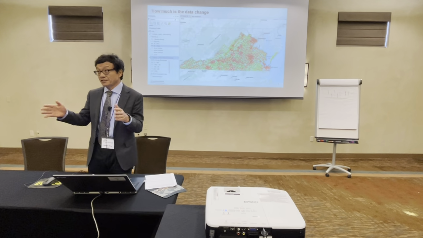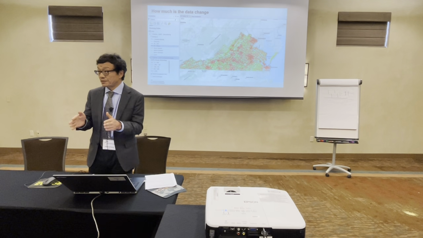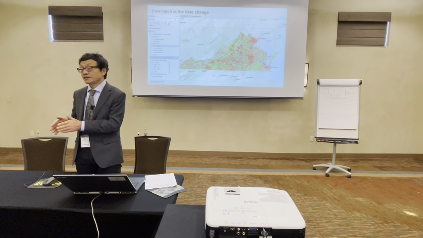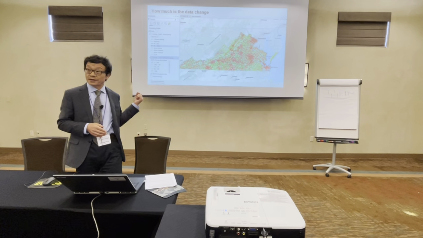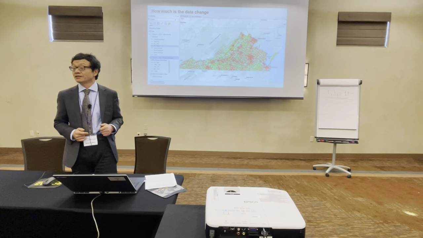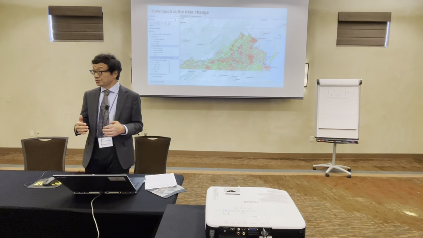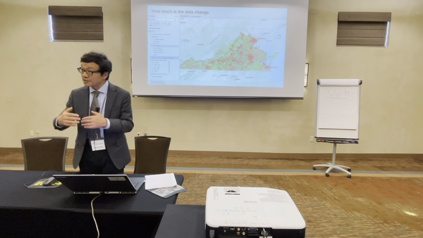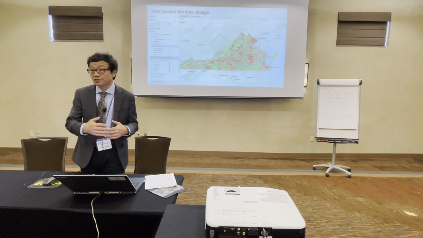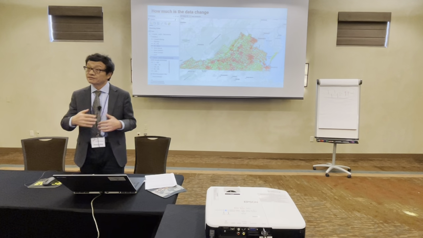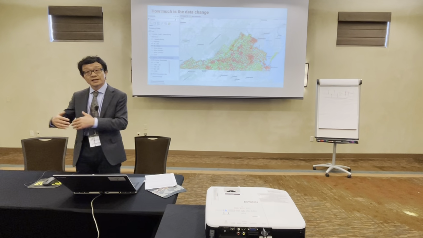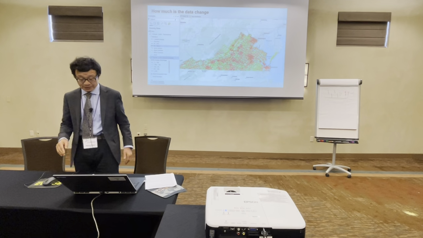And if the change is within -5% to +5%, it will be displayed as a green color, indicating it's okay, it's acceptable. The good thing of this tool is those threshold values can be changed according to different states. For example, Virginia may use this set of thresholds, and the other state may use different ones.